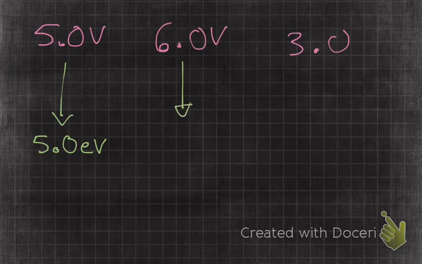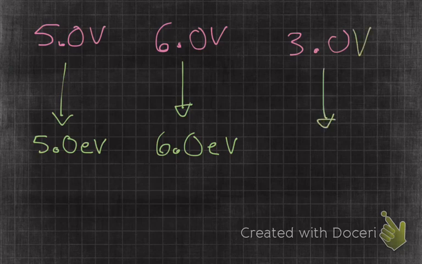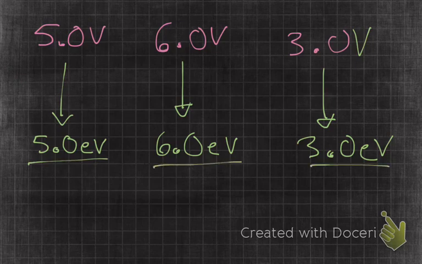Similarly, the work performed on a single charge with a 6-volt battery is 6.0 electron volts, and in a 3-volt battery we are left with 3.0 electron volts. Now let me just emphasize here that this is all per one charge, 1E, one charge.